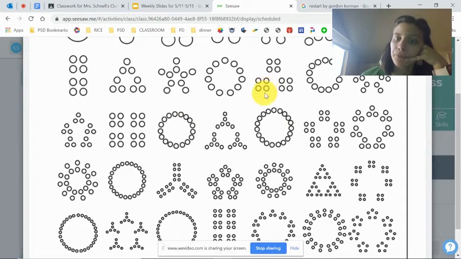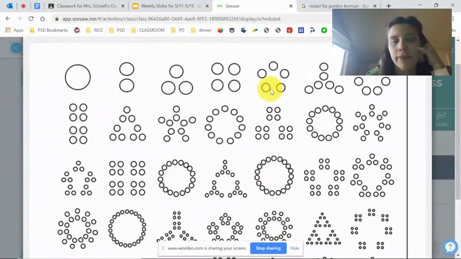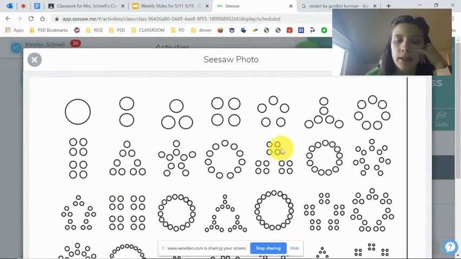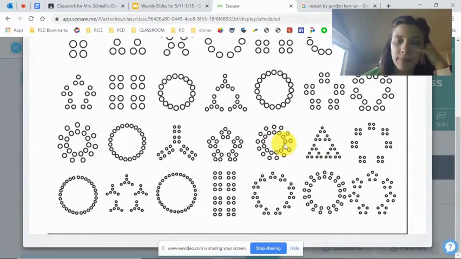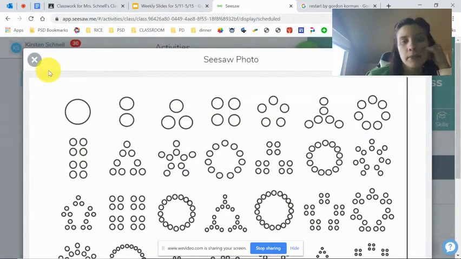I see 4 dots situated in a triangle shape, and it reminds me of building blocks or Legos. So just keep in mind, be creative in what you see. And if you have questions about this one, don't be afraid to reach out.